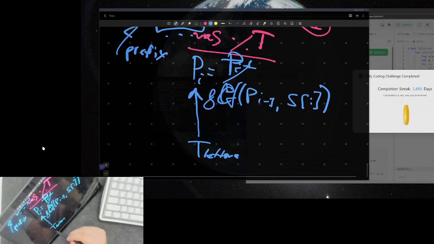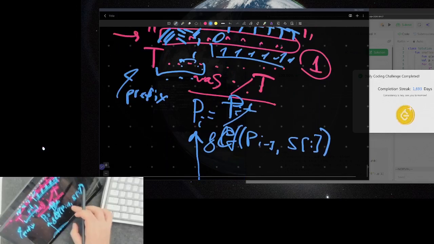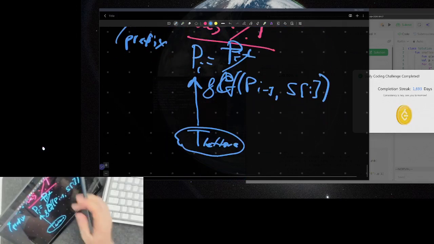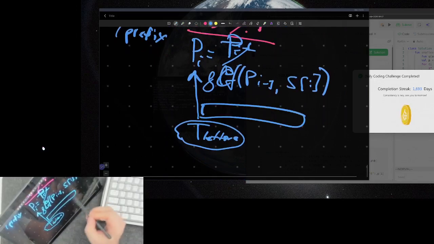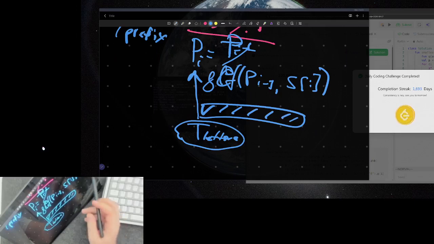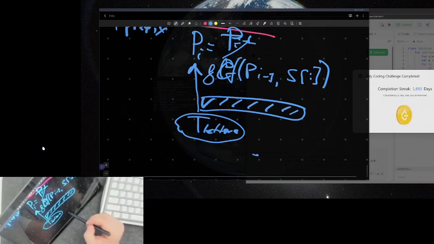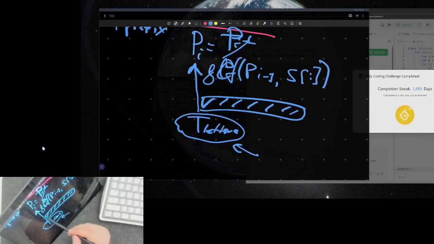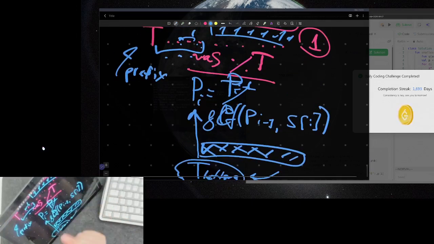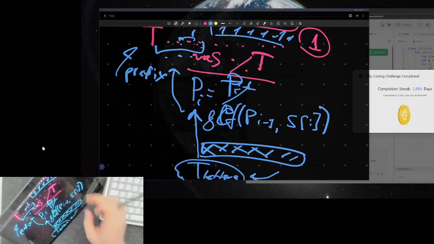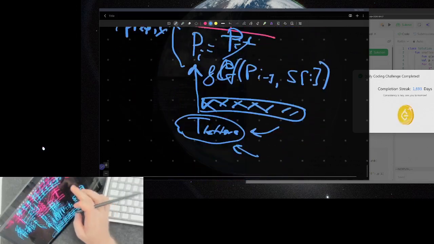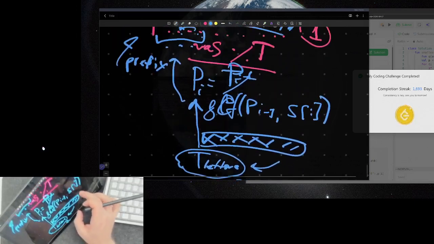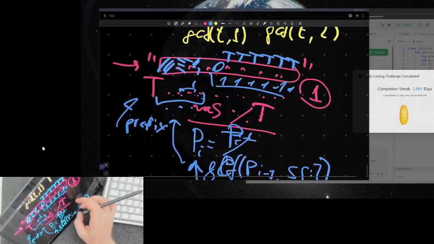And so for the number to be divisible by t entirely, the suffix should be divisible by this number, not by the t, because t is shrunk from our prefix. Okay, maybe you understand, maybe not.